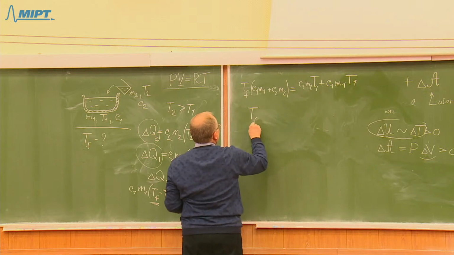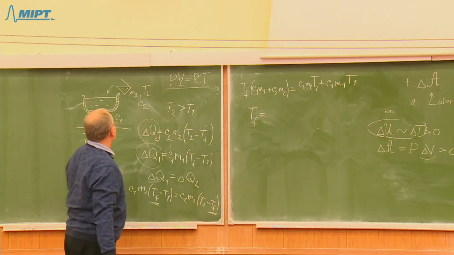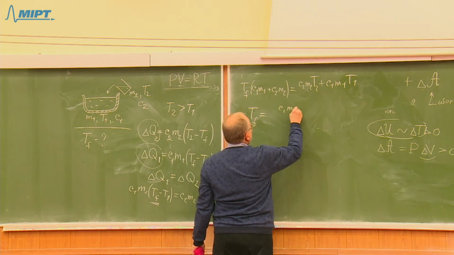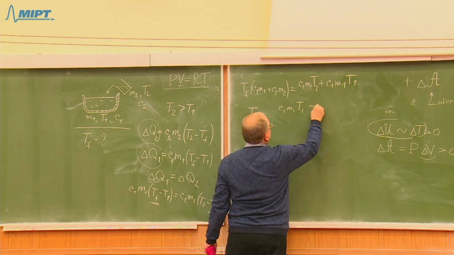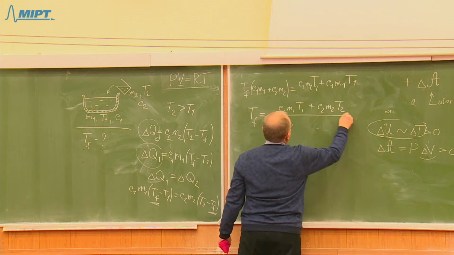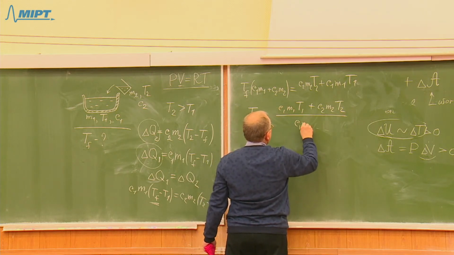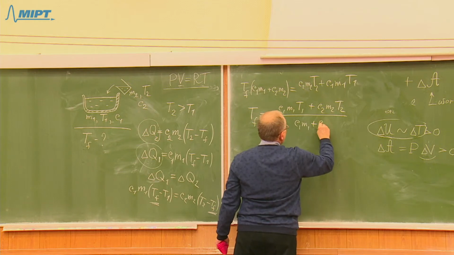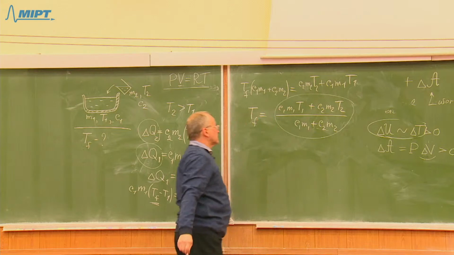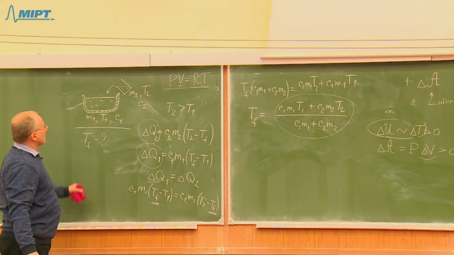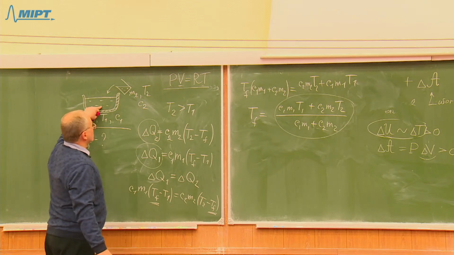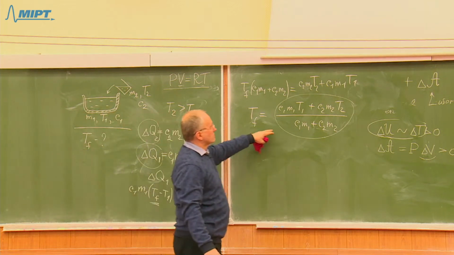So the final temperature of the mixture of two liquids will be given by C1M1 T1 plus C2M2 T2, divided by C1M1 plus C2M2. That is the answer to the problem stated. The final temperature of the mixture of two liquids will be given by this formula.